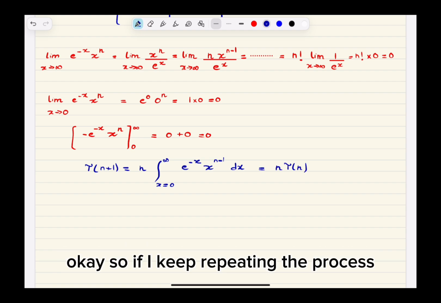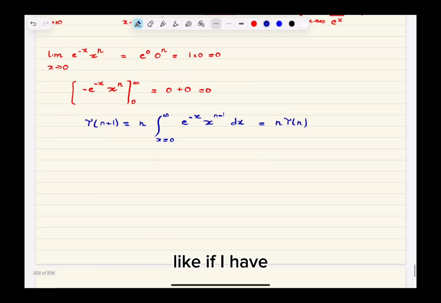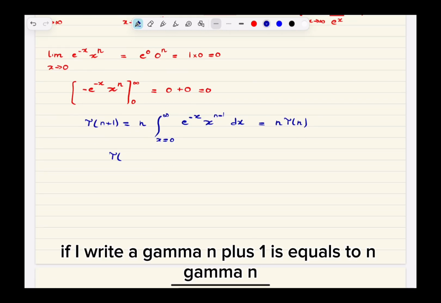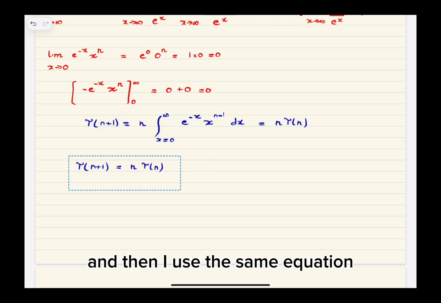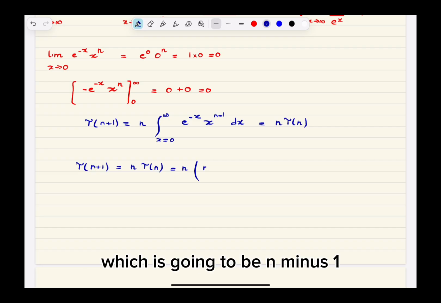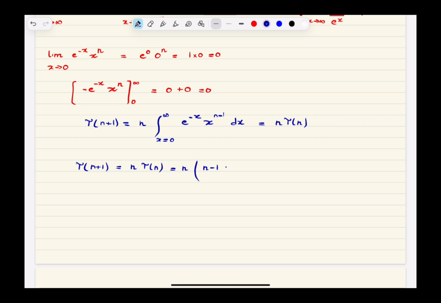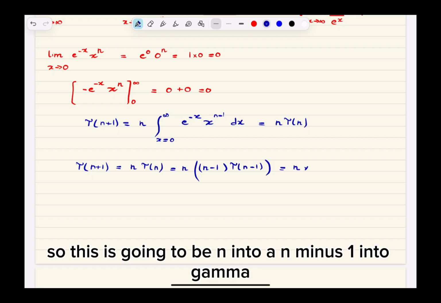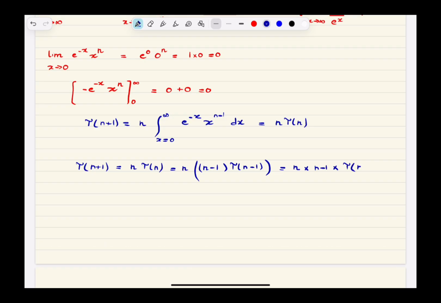Okay, so if I keep repeating the process, if I write gamma at n plus 1 equals n gamma n, and then I use the same equation to fill in the value of gamma n, which is going to be n minus 1 times gamma n minus 1. So this is going to be n times n minus 1 times gamma n minus 1.